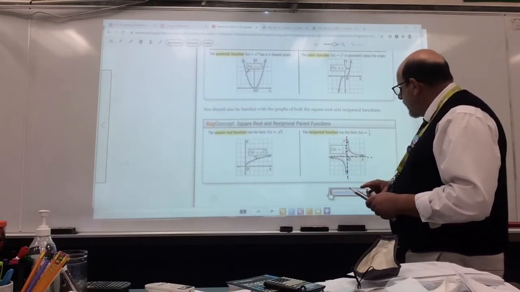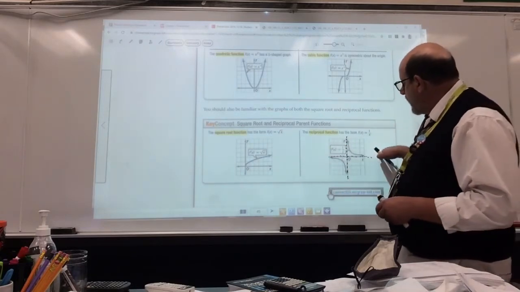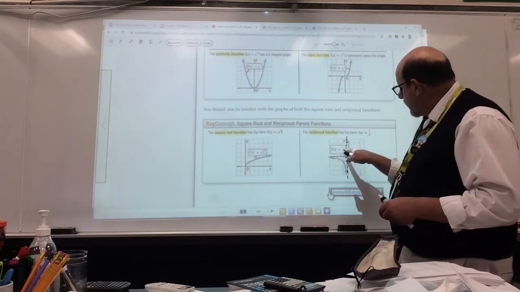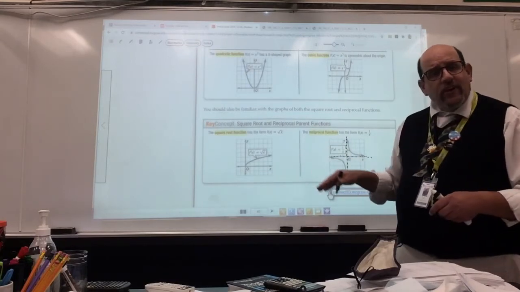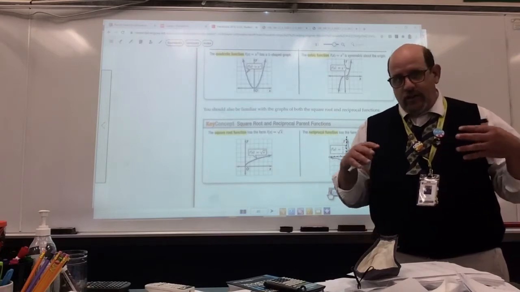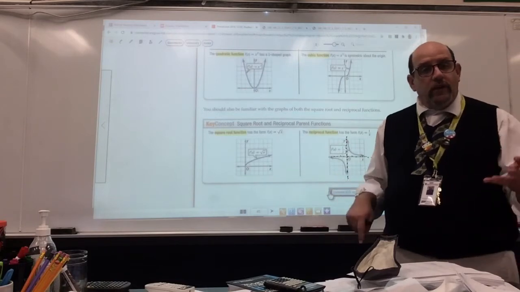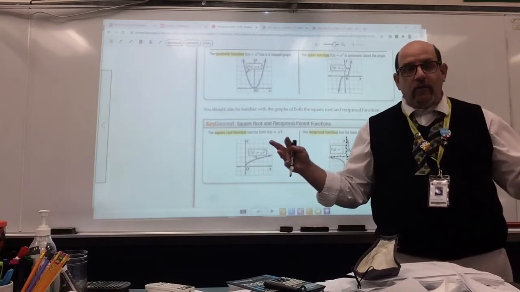You'll never get a 0 out is what it says. You'll never get a 0 out, and because there's always a 1 there, you'll never get to 0 over a number. It's just because there's a 1 there. And that's it. There's a 1 in the numerator, therefore you can't reach 0.